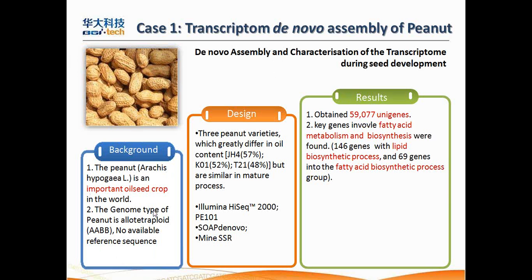We all know that peanut is a very important oilseed crop, but peanut still doesn't have a reference genome because it's allotetraploid. So it's very hard for us to use NGS technology to generate a reference genome for this species.